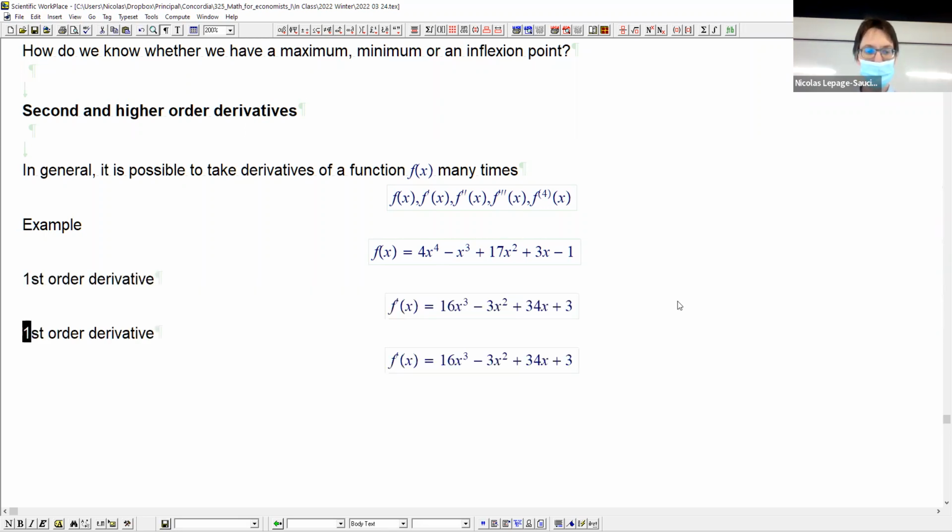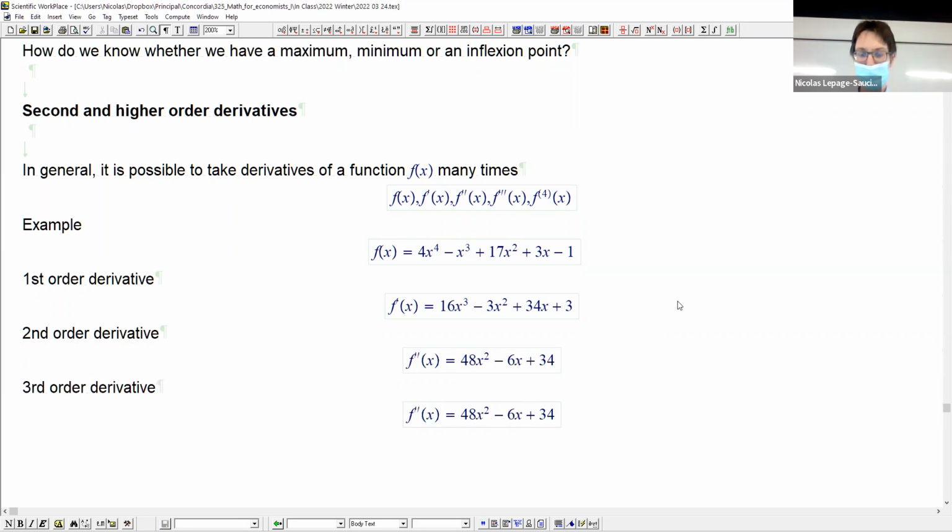Then my second order derivative. Actually, it's a pain to do because the numbers get big, so let's just do it together. 16 times 3 is 48x squared minus 6x plus 34. And I could go on. So that's f prime prime.